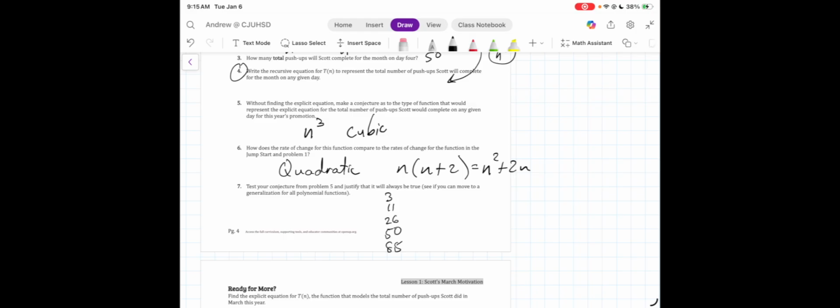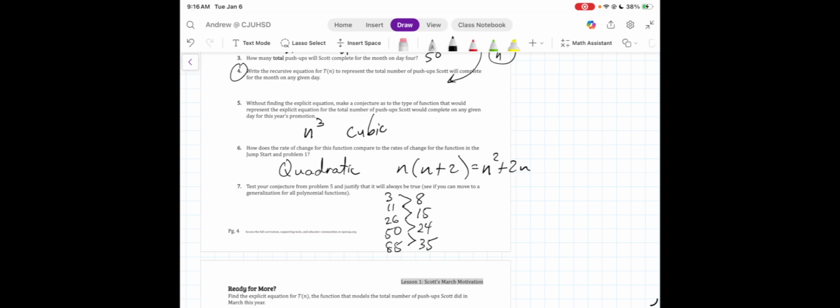And you say, okay, how far from 3 to 11? That would be 8. How far from 11 to 26? That's 15. How far from 26 to 50? That's 24. From 50 to 85, that's 35. Those numbers should look familiar because they're in our table.